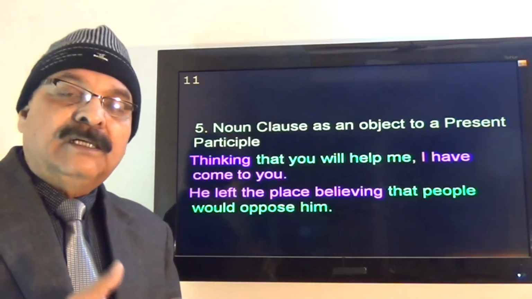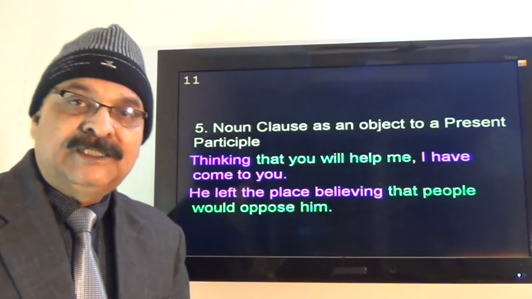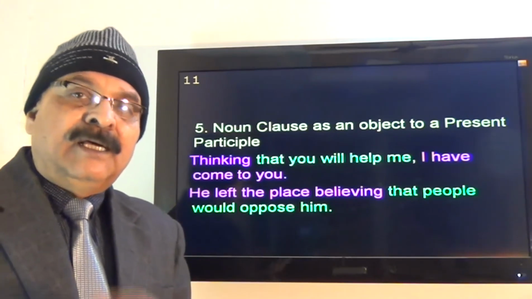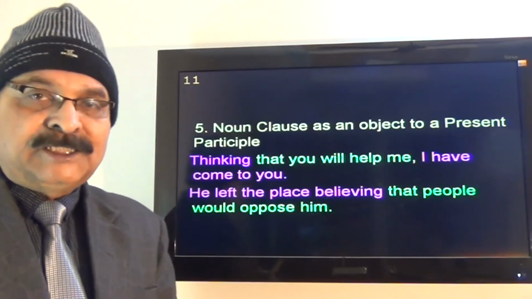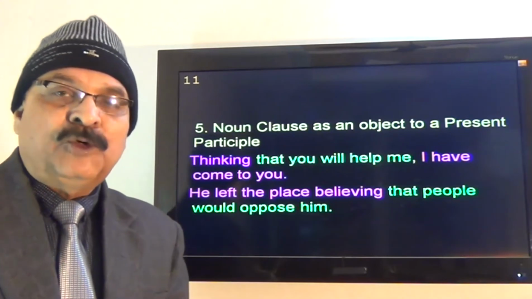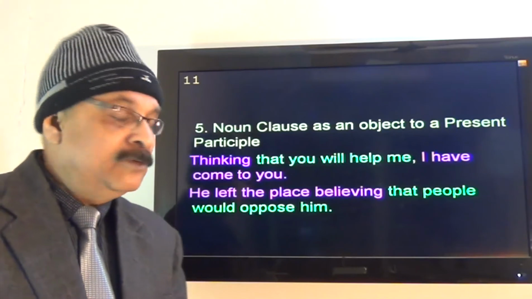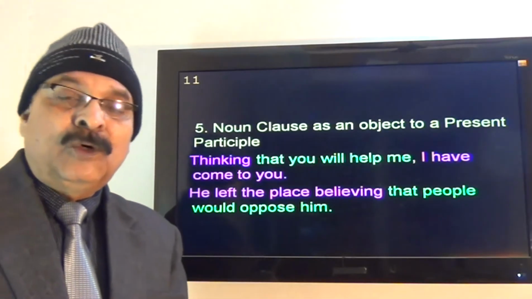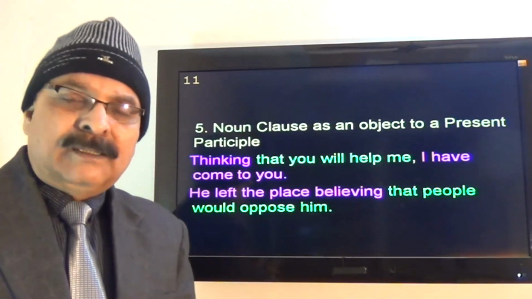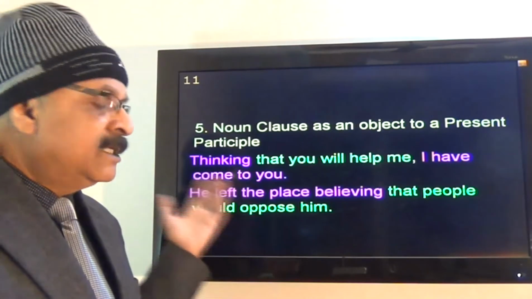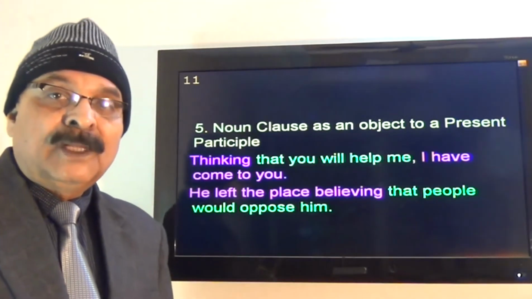If you find the ing form, first form plus ing, meaning present participle, then it is the object of that present participle. If you find to plus first form, it means infinitive, then it is object to that infinitive. If you find a preposition like on, at, in, then it is the object of the preposition, right?